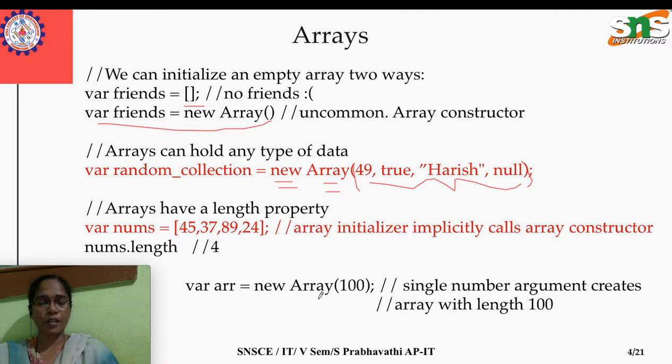One more important note: using the array constructor, if we specify only a single argument, it will be considered as the length instead of the data item. So here it says this array has 100 items. Okay, though the 100 items are not yet initialized, it says this array ARR has a length of 100.